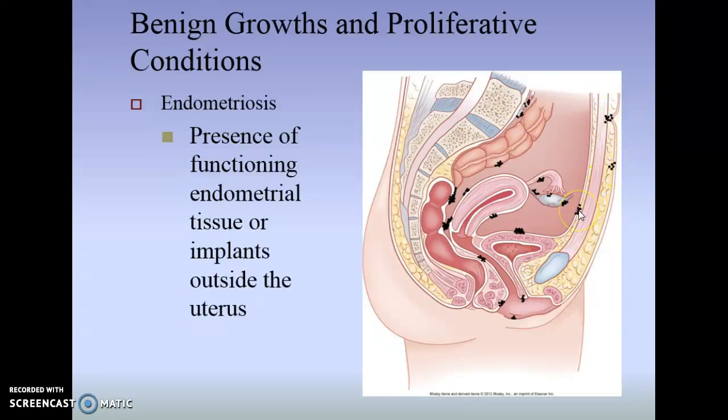It's still uterine tissue, and so it's still going to respond to the hormones that are normally being produced. Think about the uterus that undergoes normal menstrual function, and at a particular point in the female cycle will start to bleed during the period.